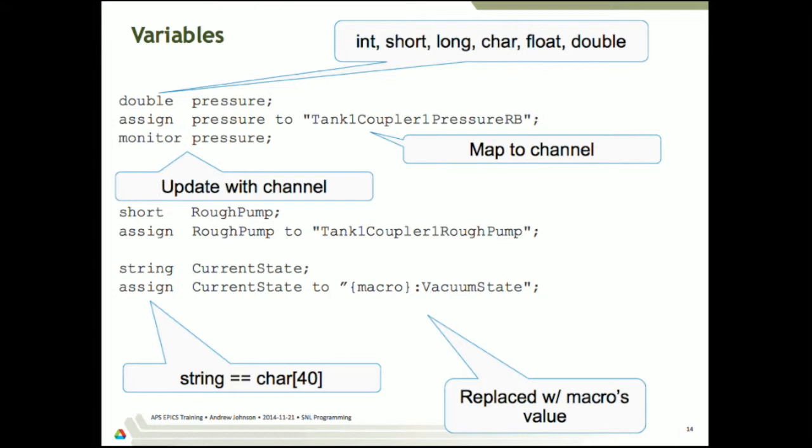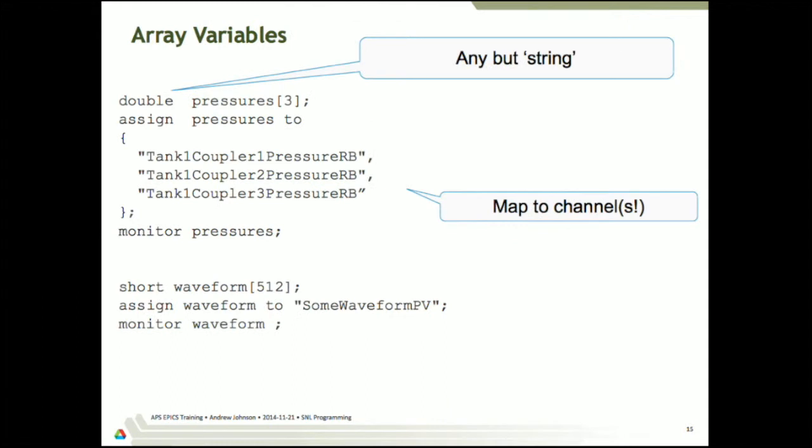Just a note on the string is a 40-character array of characters. It's basically just a convenience that you can use the word string instead of char array of 40. If you need anything longer, then it becomes a little bit more tricky. Also specify arrays. So here we've got an array of three.